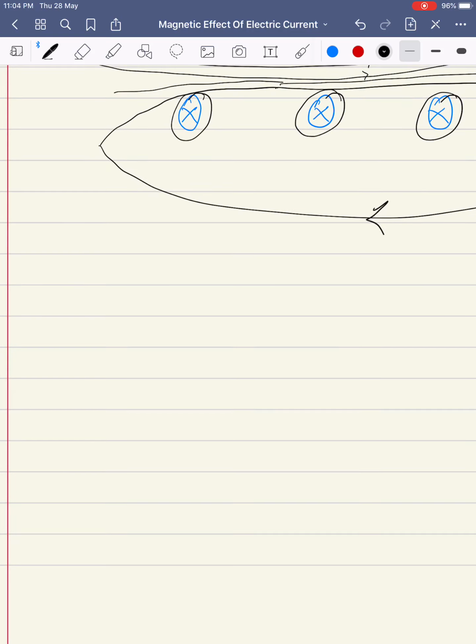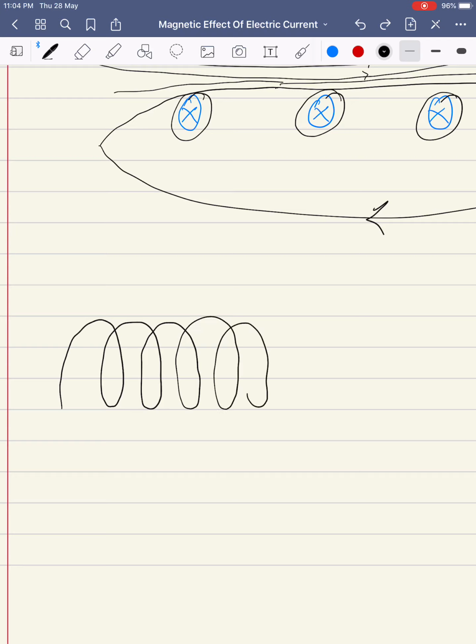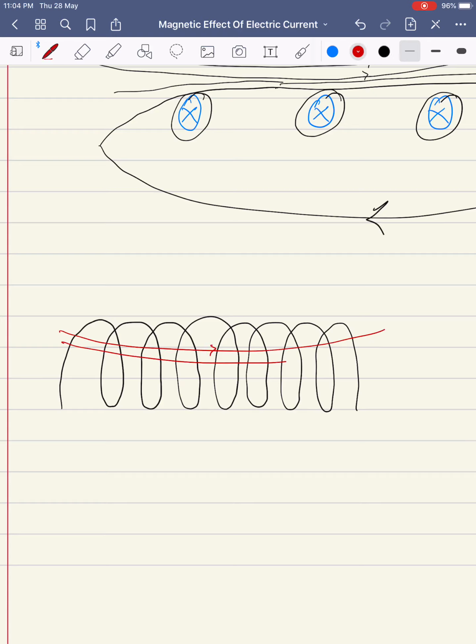That means if I consider a ring of solenoid, like this, so in this ring of solenoid, the direction of magnetic field, the magnetic field line density is more concentrated within the solenoid.